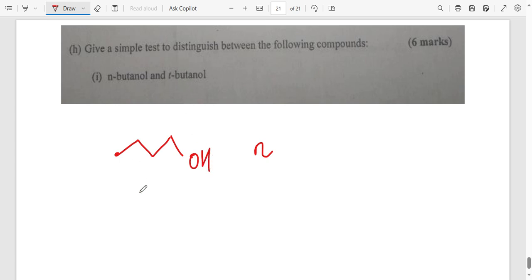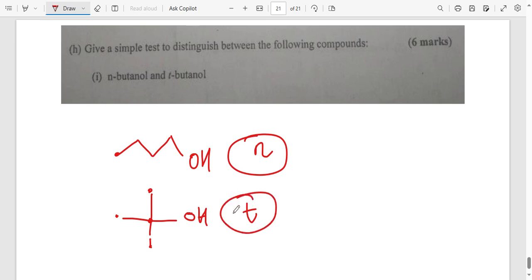Now tert-butanol, 4 carbons, but you should make a T. One, two, three. The fourth one is here. Put OH here. This is T. N1. What simple test can we perform with these two? We already answered this in the previous class.